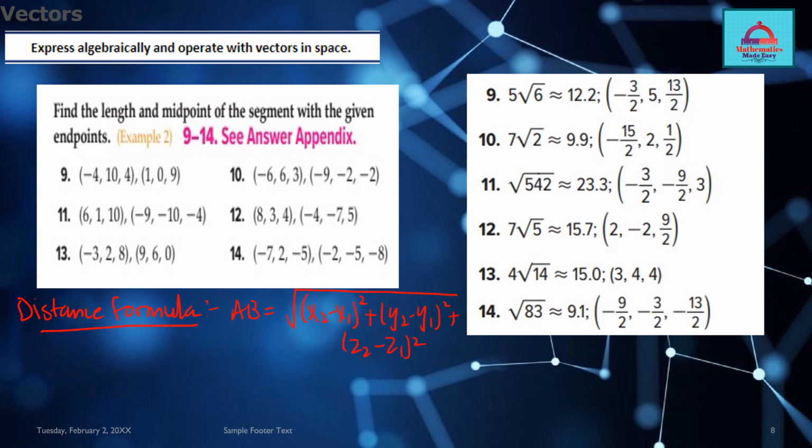Remember, we are looking at 3D coordinates, that is x, y, z. So similarly, the midpoint formula will have three coordinates. The midpoint is given by x1 plus x2 divided by 2, y1 plus y2 divided by 2, and z1 plus z2 divided by 2.